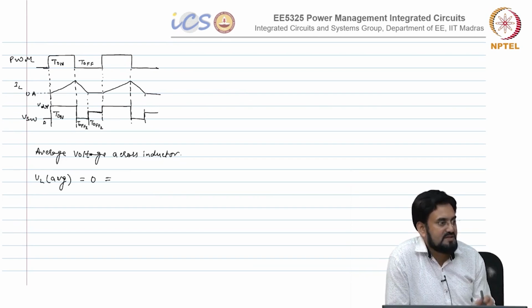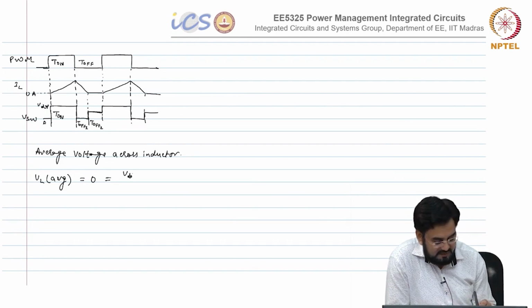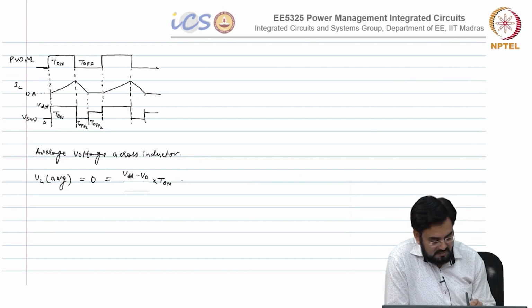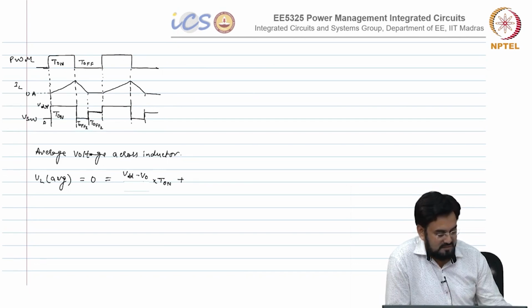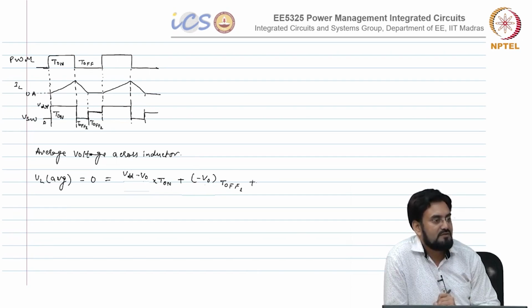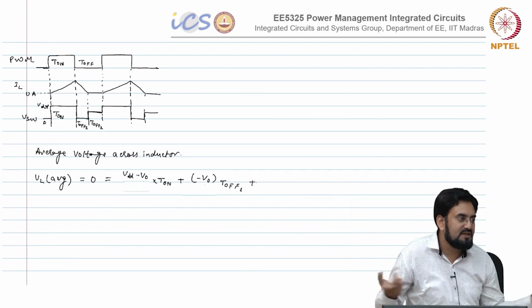So, during T on, what is the voltage across the inductor? VDD minus V out into T on plus, during T off 1, okay, so plus minus V out T off 1, and what is the voltage during T off 2? 0, because both nodes are at the same voltage.